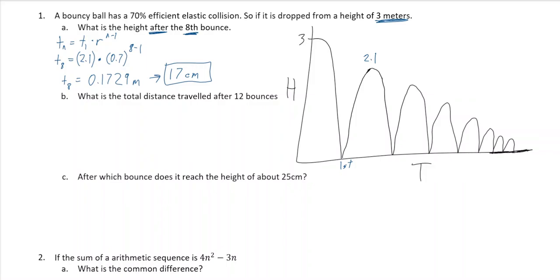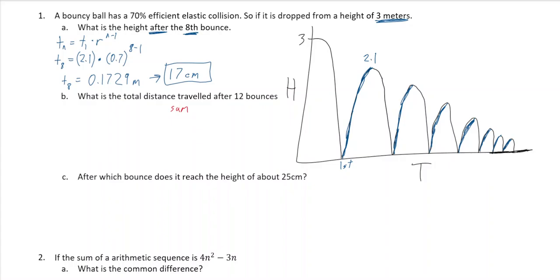All right, what is the total distance traveled after 12 bounces? Now this is where it gets really difficult, because this is a series, a sum, the total distance traveled. If we were just to think about what we just did before, we would be getting this height here, plus this height here, plus this height here, plus this height here, plus this height here, plus this height here, right?